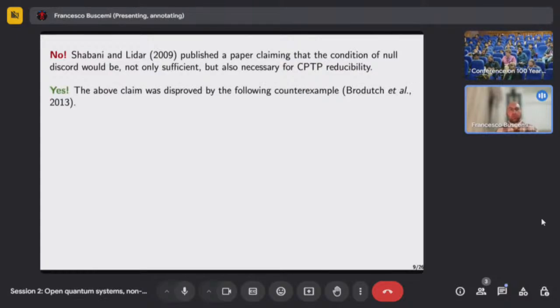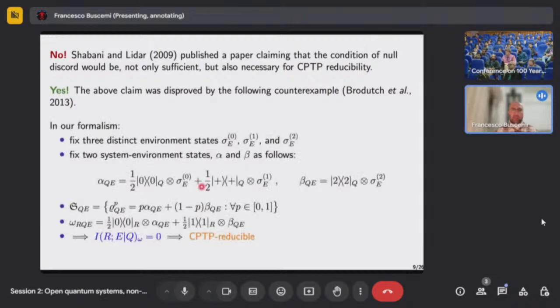But in 2013, as I told you before, counterexamples to this claim were provided, again by Brodutch and, I think, again Rodriguez-Rosario, Modi, and probably Sudarshan is also among the co-authors. So the counterexample that they have here, a counterexample to this classicality of correlation, is constructed as follows.